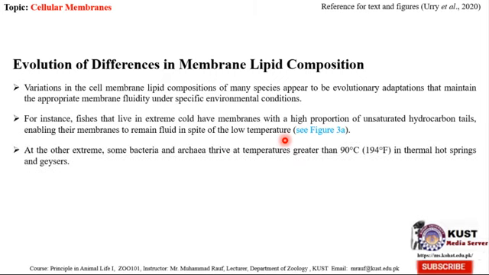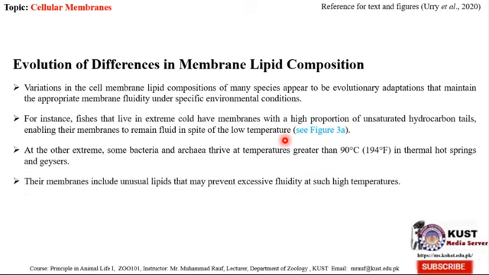At the other extreme, when organisms are living in extremely hot temperatures, like the bacteria living in hot springs in America, in the Yellowstone National Park, their membranes include unusual lipids that may prevent excessive fluidity at such temperatures.